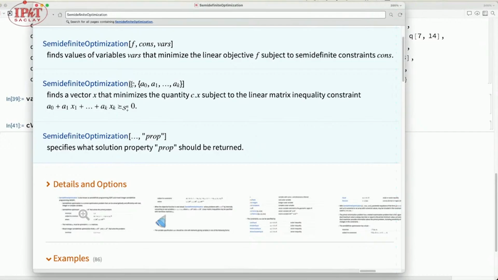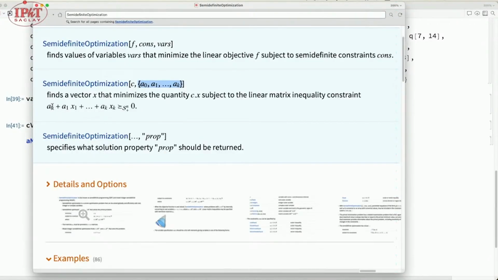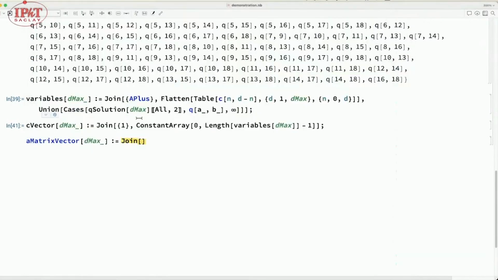So that deals with the C, and now we need to build this vector of matrices. Okay, so a matrix vector. So let's look at this. The first entry is a0, so this is the constant term, which we get when we set all of our unknown variables to 0.